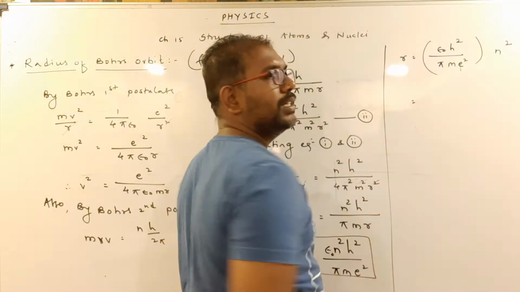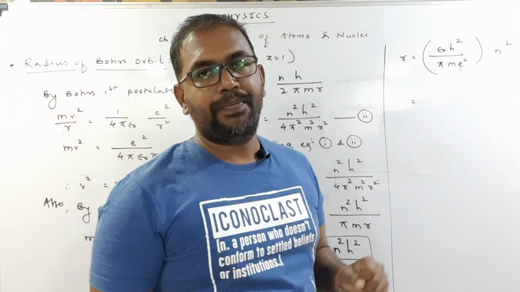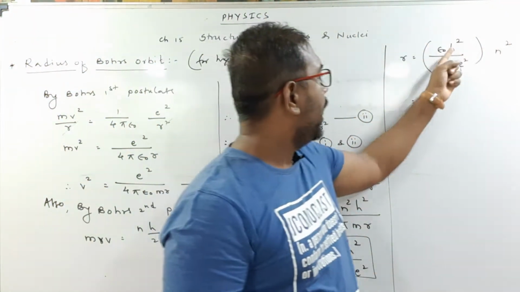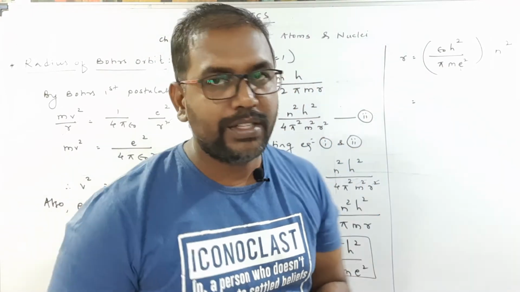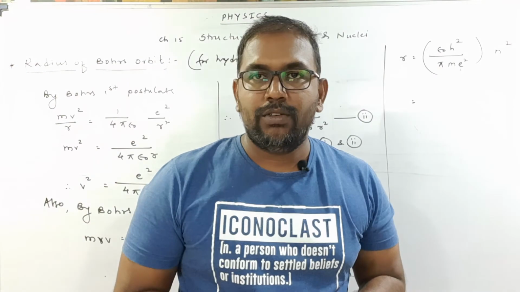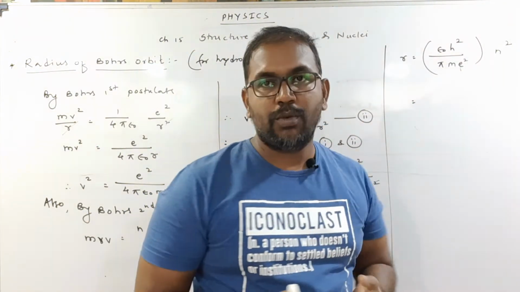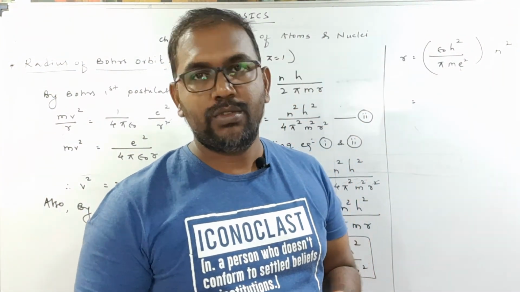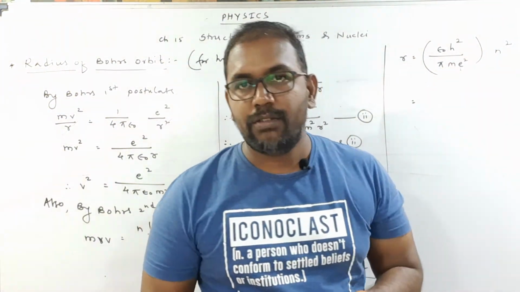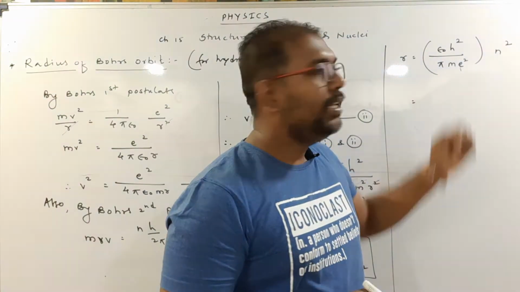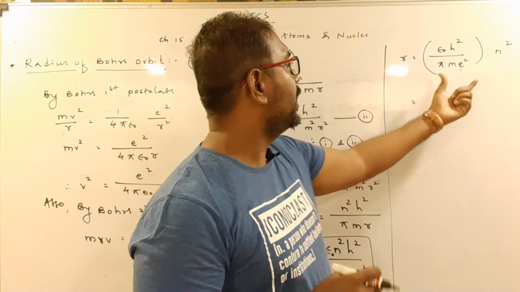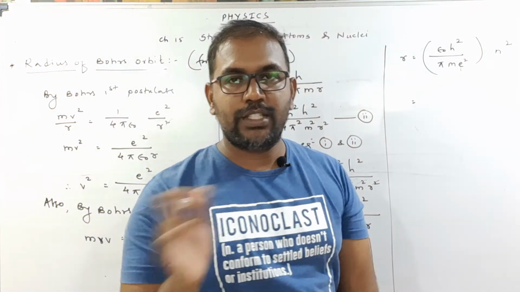I can consider this epsilon 0, the value is fixed, means it is a constant. h is a Planck's constant, its value is also fixed. Epsilon 0 value 8.85 into 10 raised to minus 12. h is 6.63 into 10 raised to minus 34 joule second. Pi 3.14. Mass of electron 9.1 into 10 raised to minus 31. e charge on electron 1.6 into 10 raised to minus 19. Everything is constant in this bracket having a fixed value.